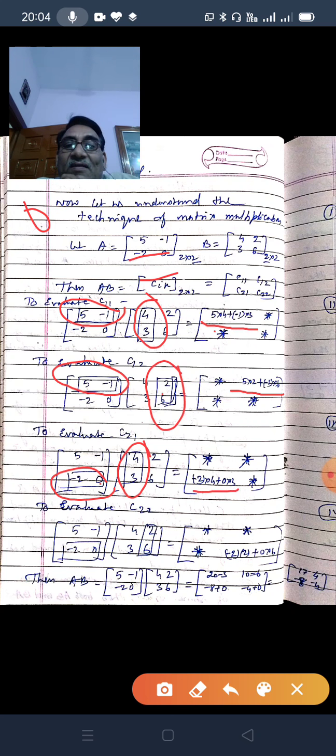This is C21, and the last element C22 is the first matrix's second row and the second matrix's second column, that is minus 2 into 2 plus 0 into 6. So this is C22.